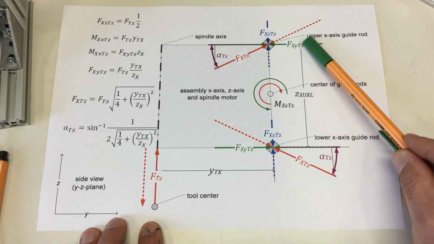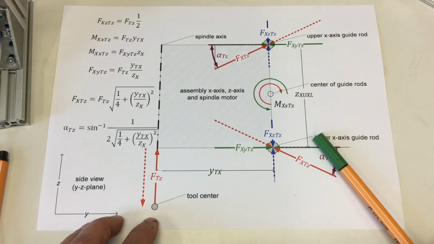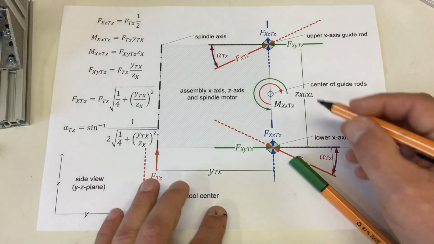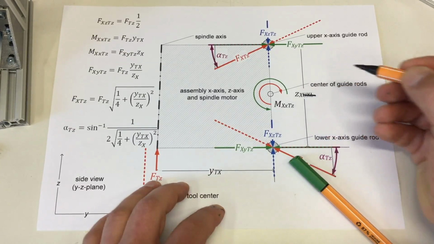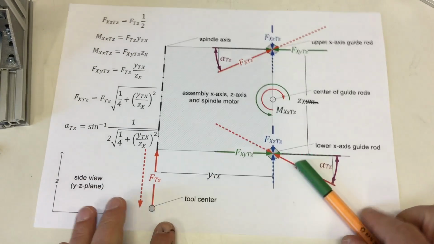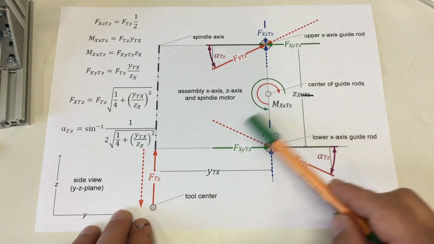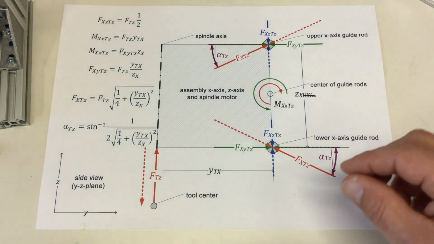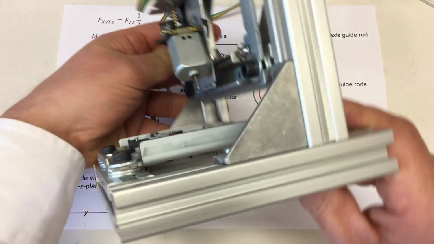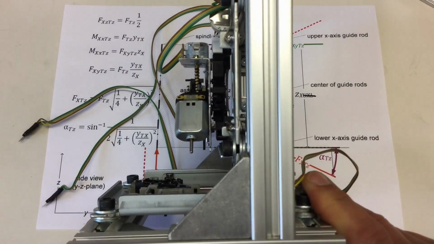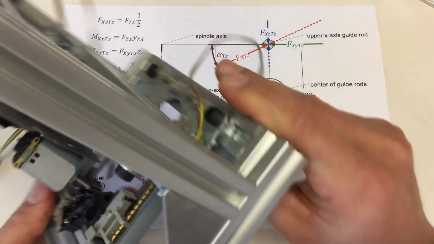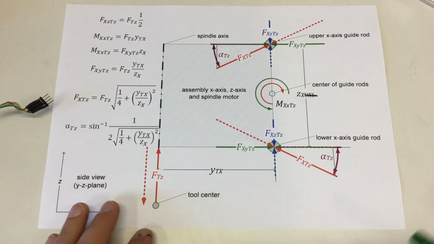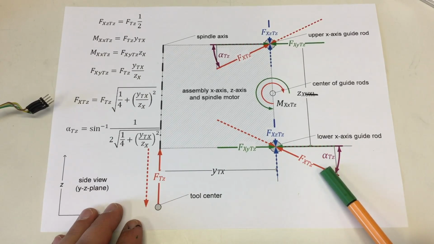And we have, of course, the distance, and sorry, there's a mistake. I called that only ZX. Our distance on the Z-axis. And again, this is a side view on the X and the Y plane. So we're looking, getting back to my CNC machine, we're looking at it from the side. Now we already calculated our different forces.